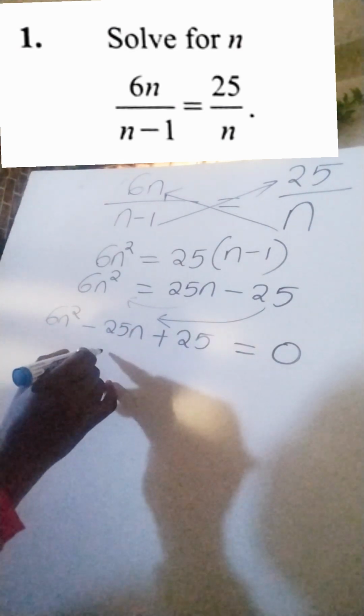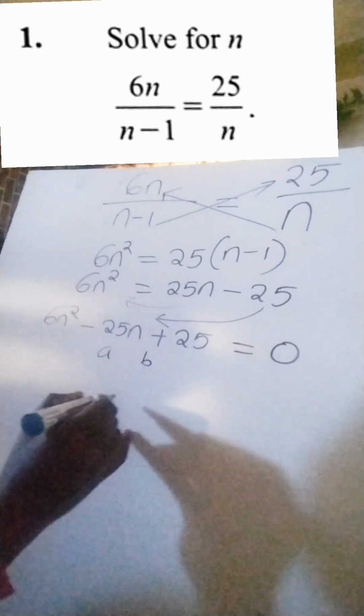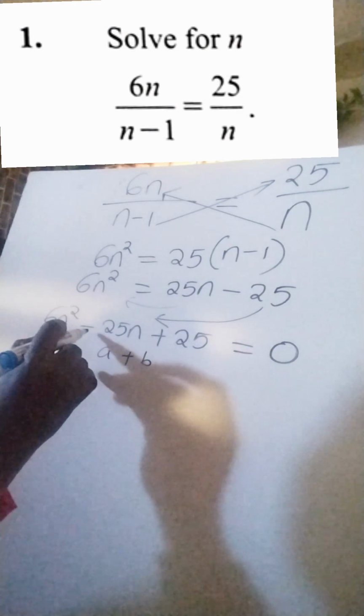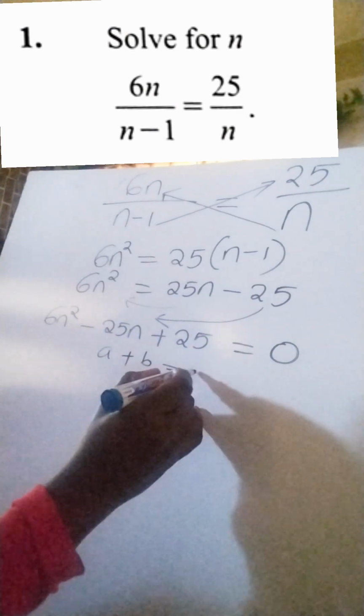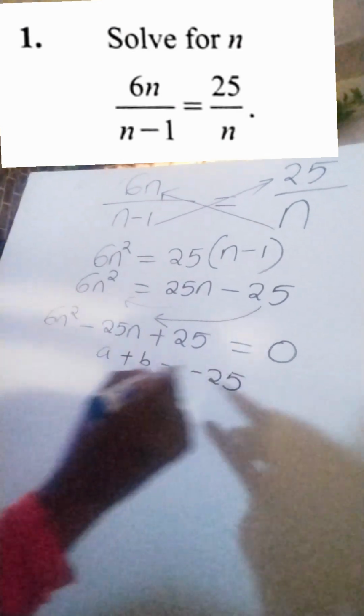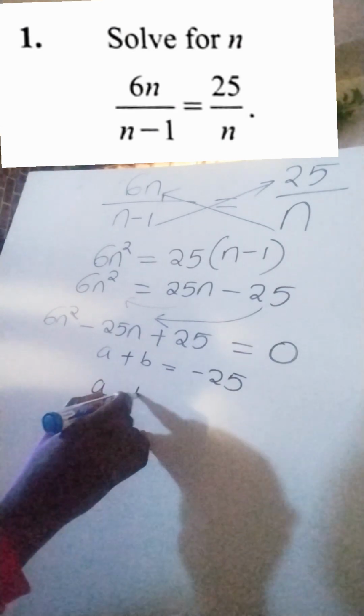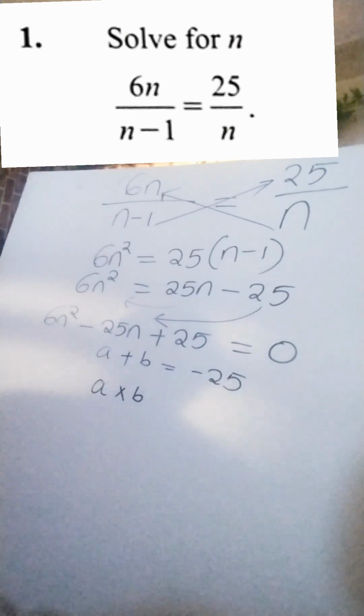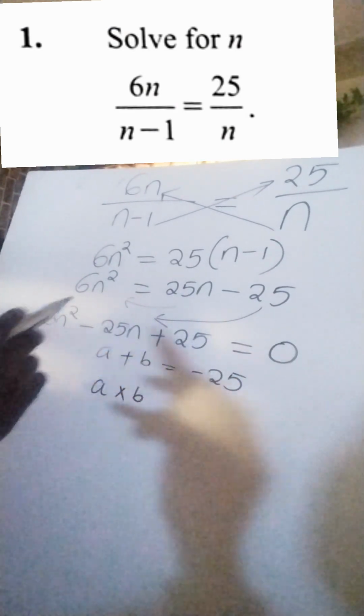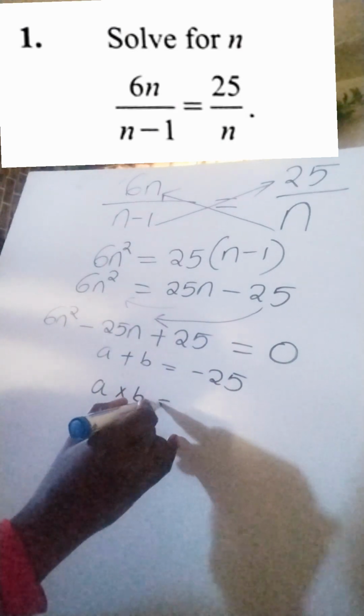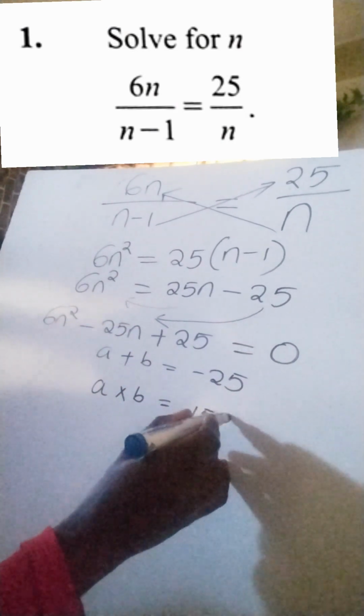Get two numbers, A and B. When I add them, I get what is here, which is negative 25. The same numbers, when I multiply them, I get the product of 6 and 25, which is 150.